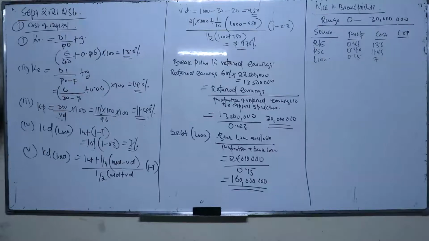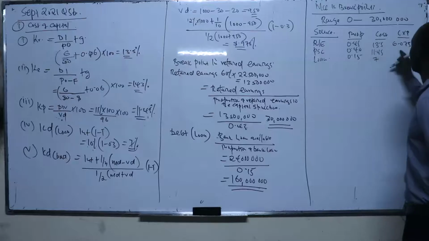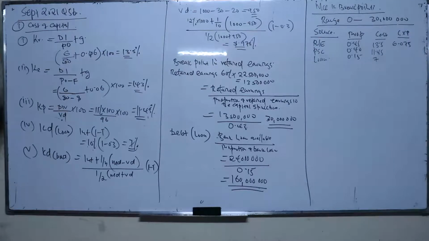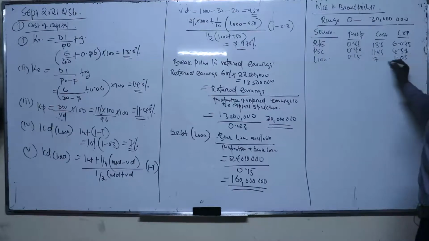Sorry? 6.075. This other one? 4.5. Huh? 4.58. This other one? 1.05, isn't it? How much does the total come to?